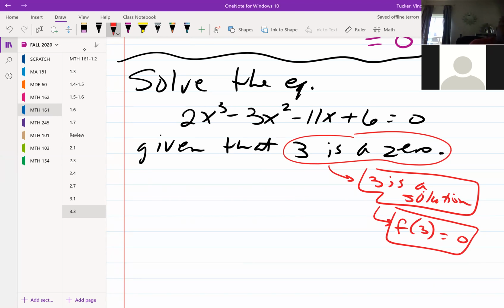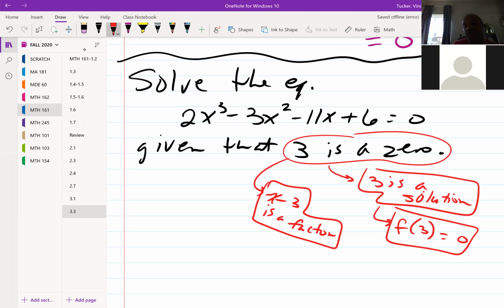That also means x minus 3 is a factor. You know, you use the opposite sign when you put it back with the x.